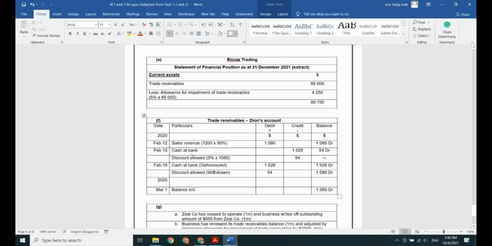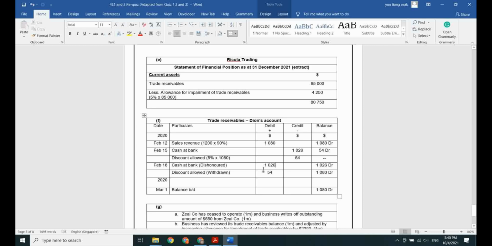This is the day that sales occurred. February 15 will be the day that payment is received, and February 18 is the day that the bank informed us that the check is being rejected from Dion. So we just need to add back the debt from Dion, because we treat it as if whatever happened on 15 February has not occurred before.